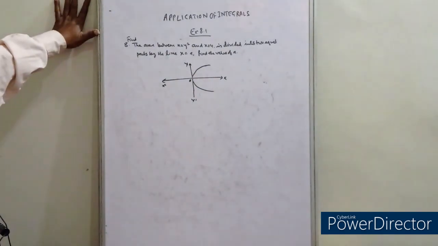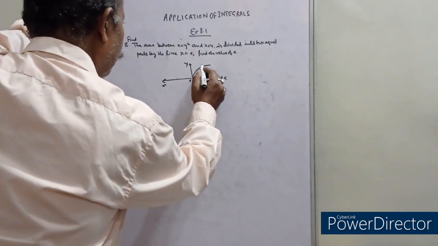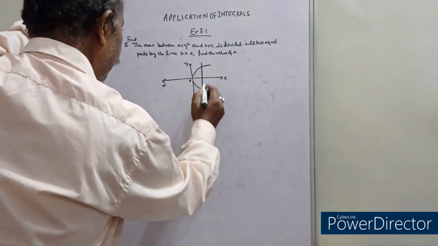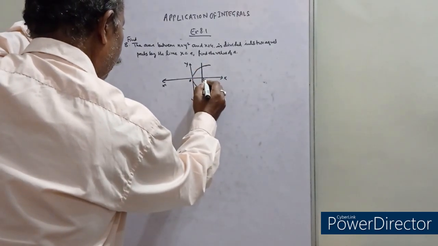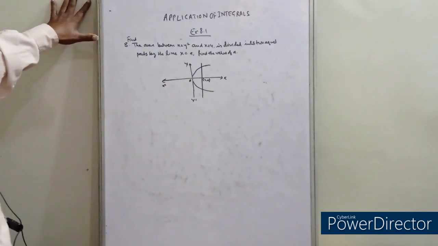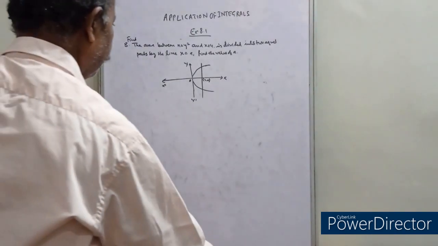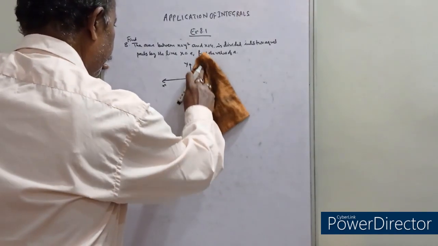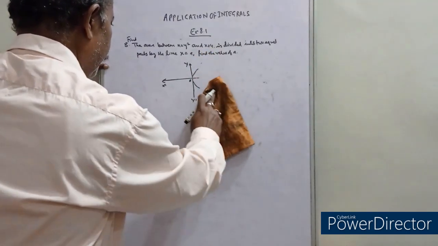Here x is equal to 4, that is, the point 4 comma 0. One minute. Let me give a space to it.